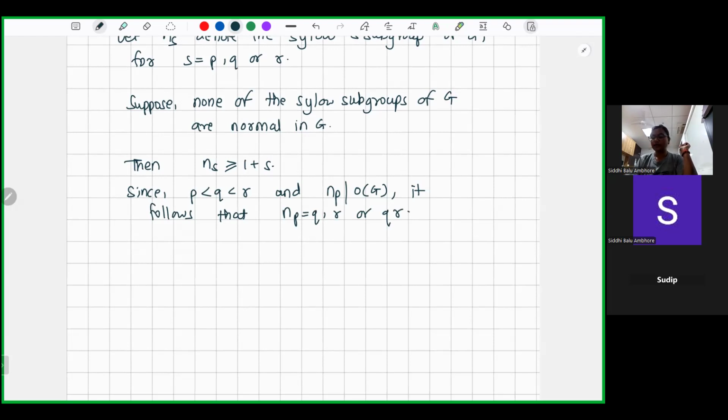And in general, the number of P Sylow subgroups must divide the order of the group.